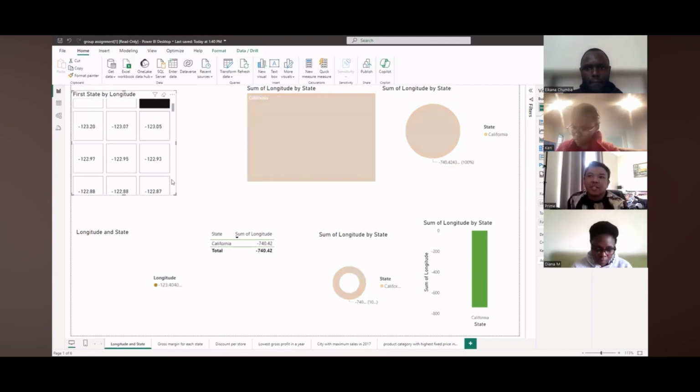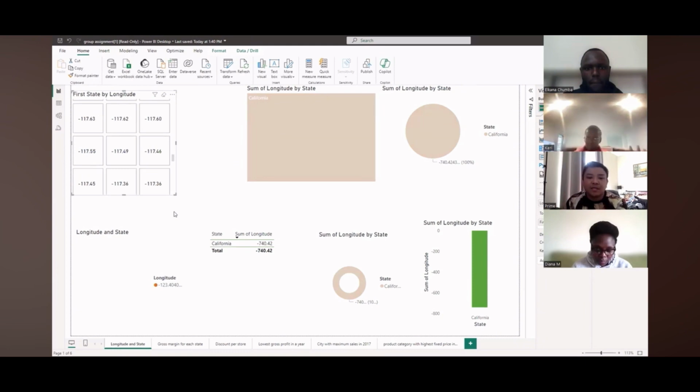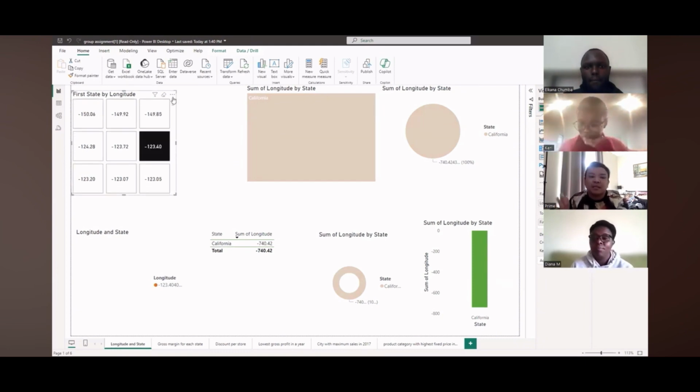If you need data to refer to for a team decision, Power BI helps us show data and helps us decide the right thing to do. I think that's it for my turn.